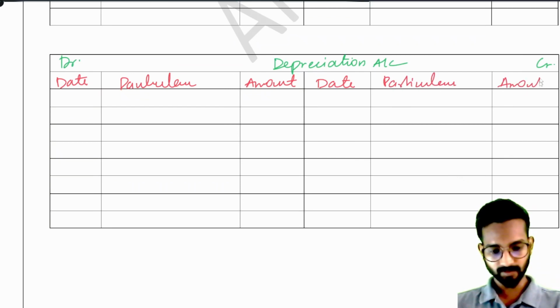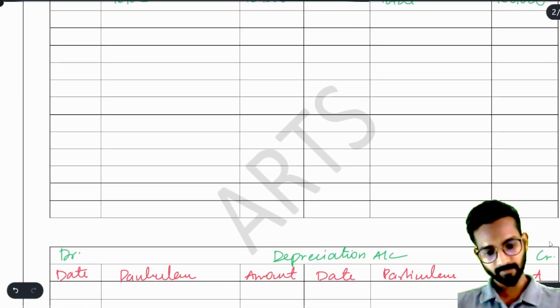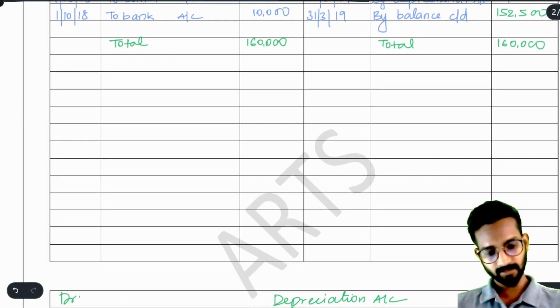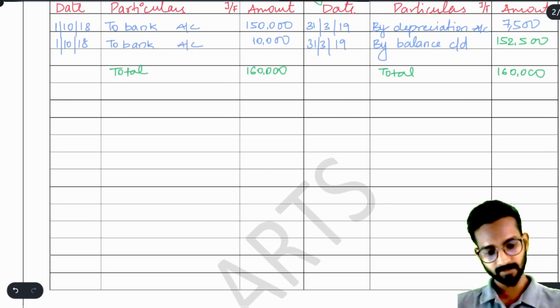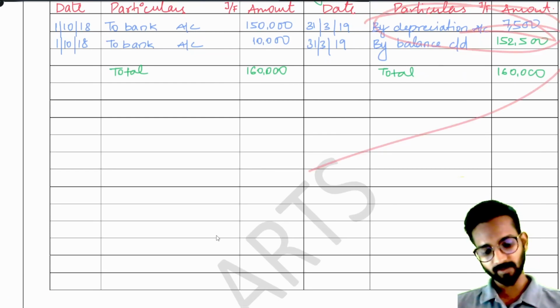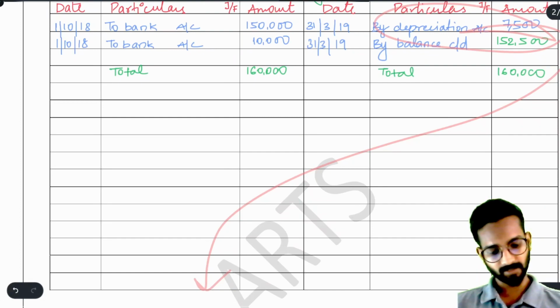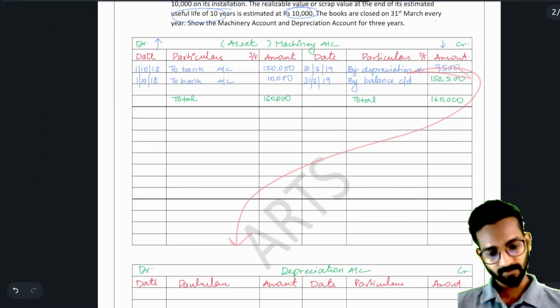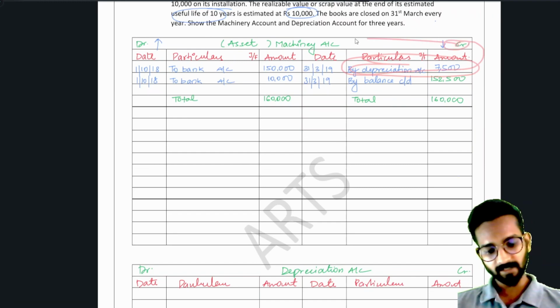amount. So see, when we are writing the depreciation here, it is depreciation to fixed asset. So now this amount will come here in the depreciation. Look, this entry: depreciation account debit, which is crediting machinery account. So the entry is depreciation to machinery.